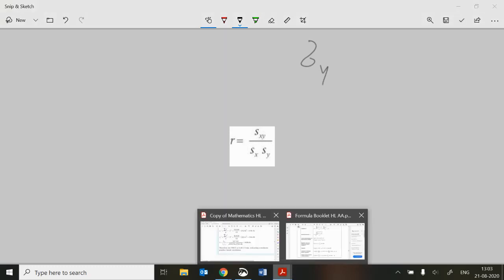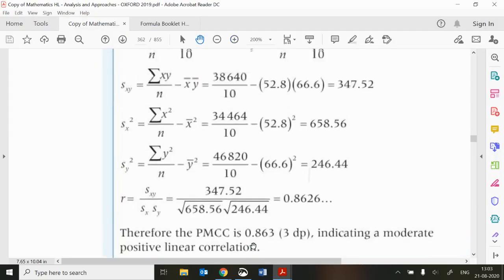We're going to need to do SxY divided by Sx and Sy. Well, what are these things that we've got here? Well, Sy comes from sigma y. Let's just have a little look at what they're calling.